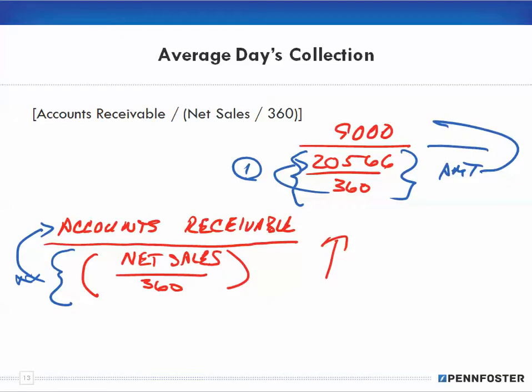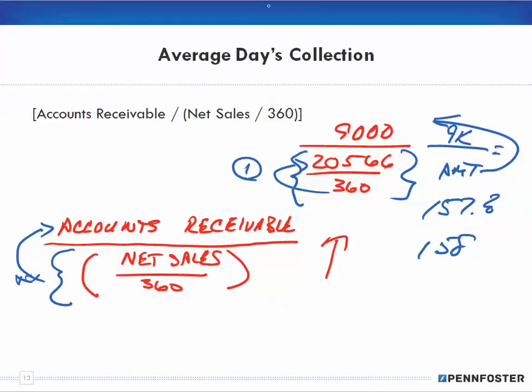And that would give us 157 point something days. Because it's greater than one, a partial day, we round up to 158 days. So that's how the average days collection works.